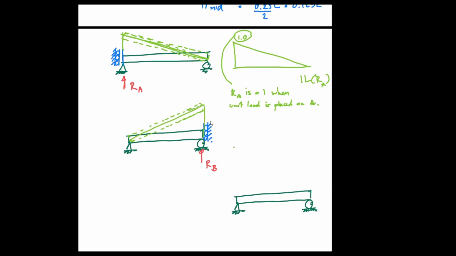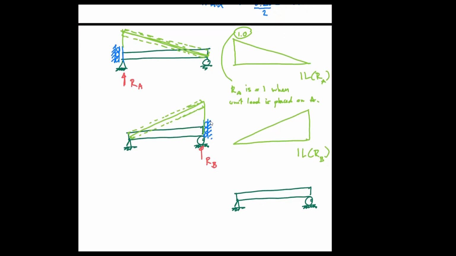And I can just say, okay, now the influence line of reaction at B, just like this. Now I know the shape, I need to find the magnitude. And I know that when I place the unit load on top of B, RB will be equal to 1, right?